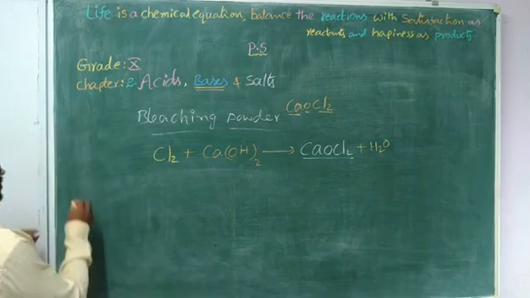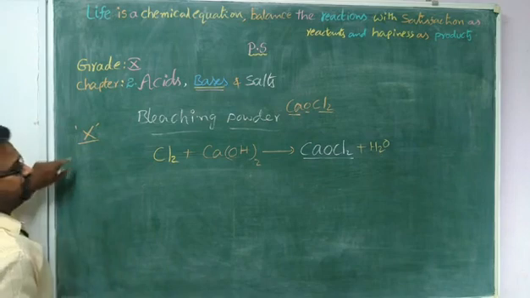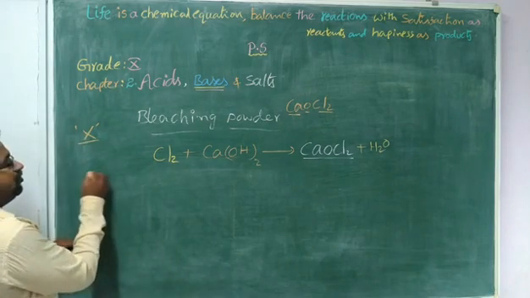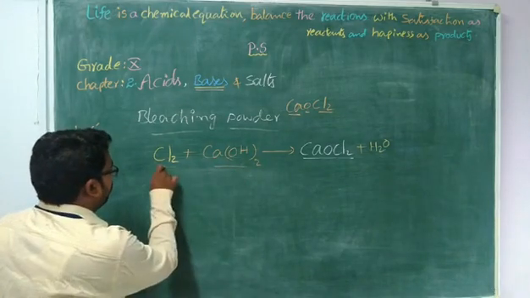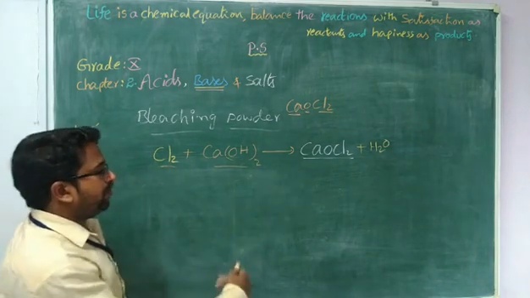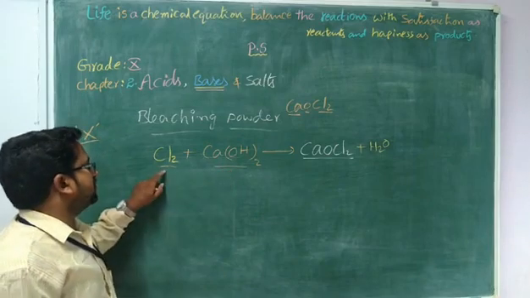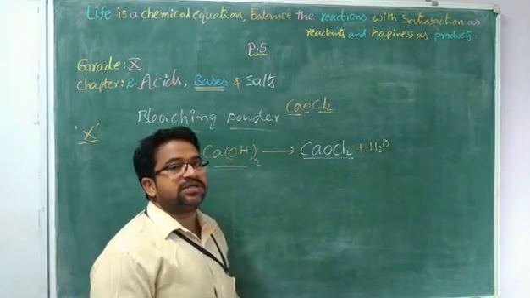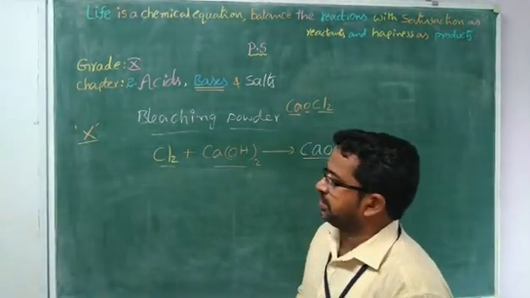Once the question is given like this: there is a compound X formed during the treatment of dry calcium hydroxide with chlorine. What is X? Calcium oxychloride. So you should know what happens when this reaction takes place.